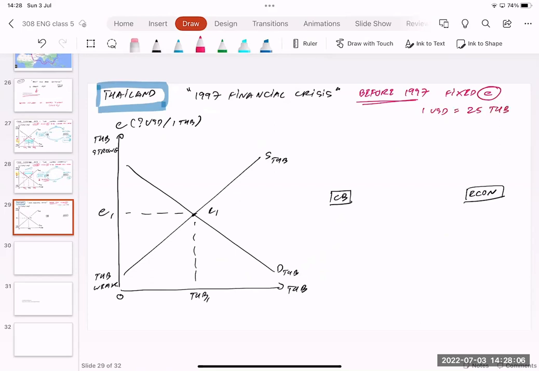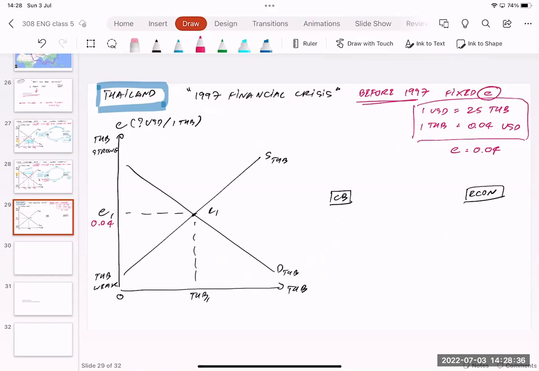If you divide 25 on both sides, it means that 1 baht equals 0.04 US dollar. So you can see that the nominal exchange rate of Thailand equals 0.04. We fixed the currency here. If I assume that the level at which we fix the currency, 0.04, stays at the equilibrium point E1, then nothing happens.